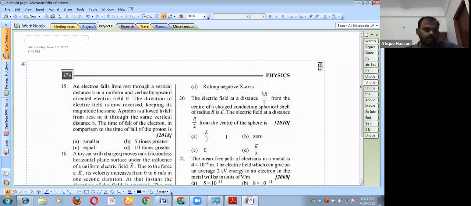The time of fall of the electron in comparison to the proton is asked.